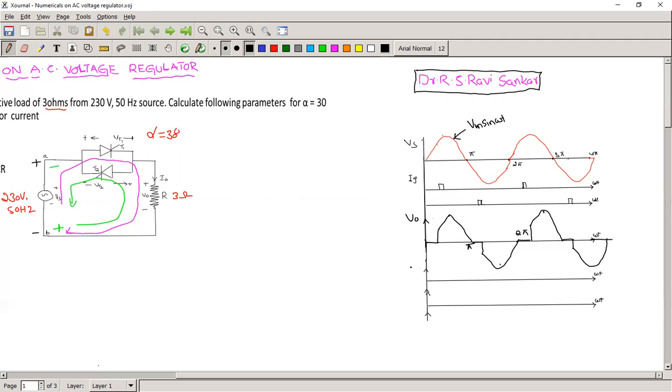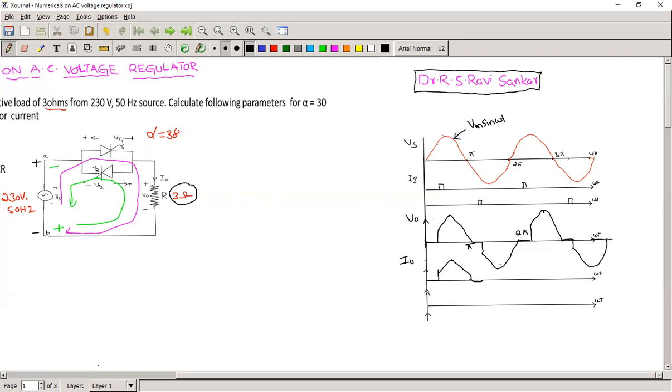This is the voltage waveform. Now you have to draw the current waveform. Since it is a resistive load, the current waveform has the same shape as the voltage waveform, because we have taken 3 ohms.